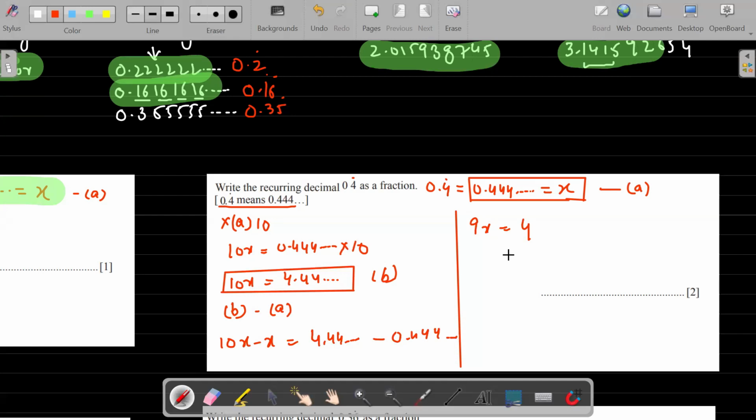It is 4 exactly, because the dot shows that it is continuous. Now let's separate x, it is going to be 4 by 9. So that is our fractional part, the fraction which we have converted.